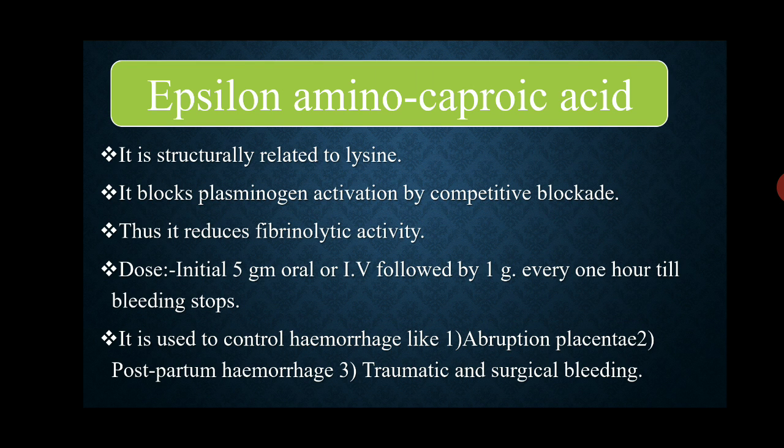So the next drug or agent of antifibrinolytic agents is epsilon amino caproic acid. Epsilon amino caproic acid is structurally related to lysine. Lysine is an amino acid, and this drug epsilon amino caproic acid is structurally related to that lysine.